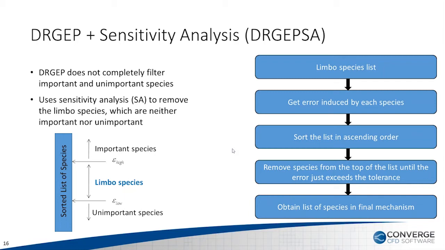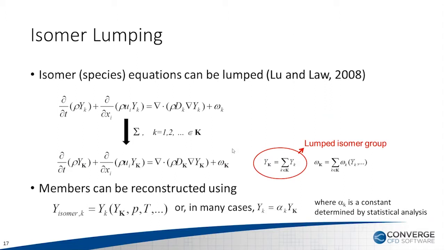We remove the first one, check the error, then remove the second one, third one, fourth one, until the error on ignition delay exceeds the tolerance we specified. It can be 10%, 20%, or 50%, really depending on what kind of mechanism size you are looking for. By the end, we have the final mechanism.